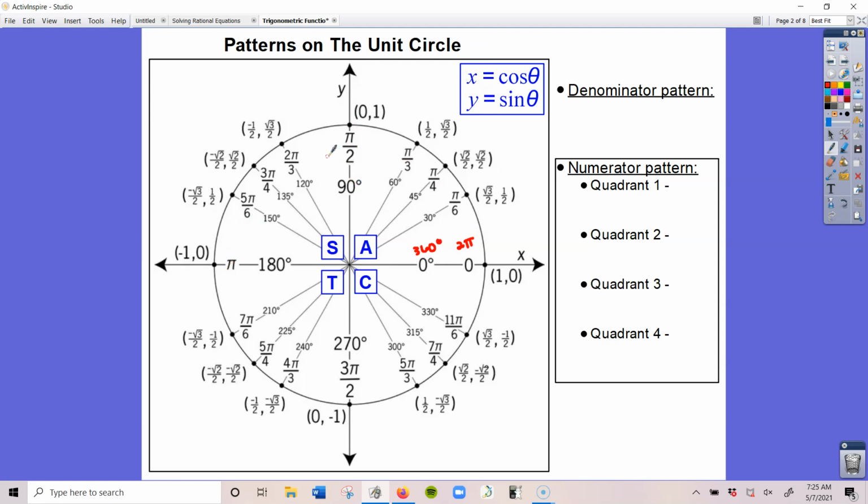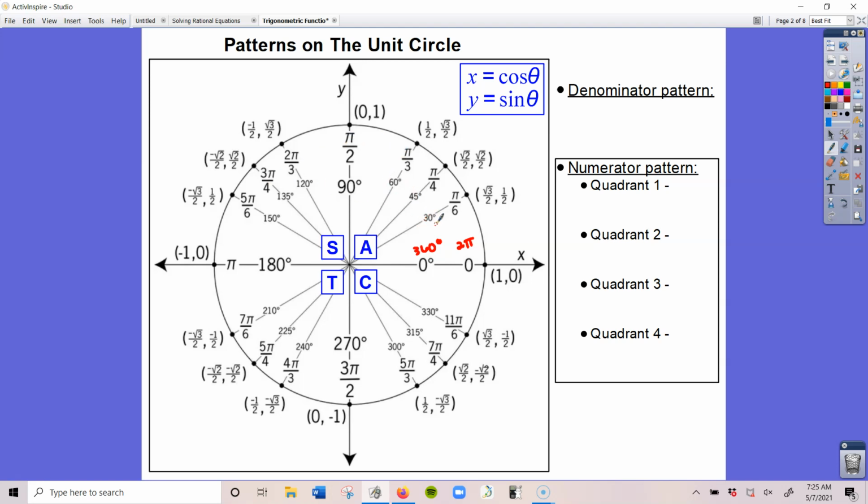Here we have pi, because pi over 2 plus pi over 2 is 2 pi over 2, which is pi, which corresponds to 180 degrees. Then 2 pi over 2 plus another pi over 2 is 3 pi over 2, which corresponds to 270 degrees. Then 3 pi over 2 plus another pi over 2 would give me 4 pi over 2, which is 2 pi.